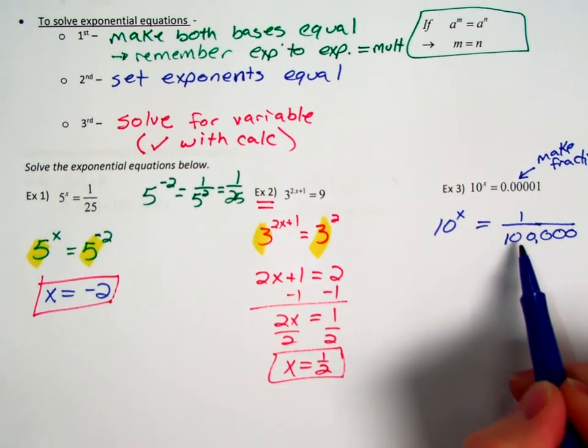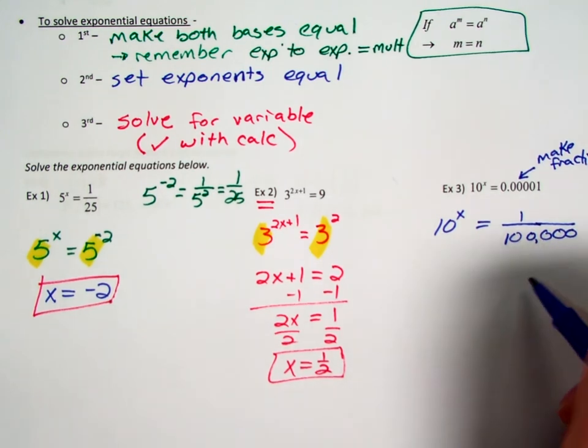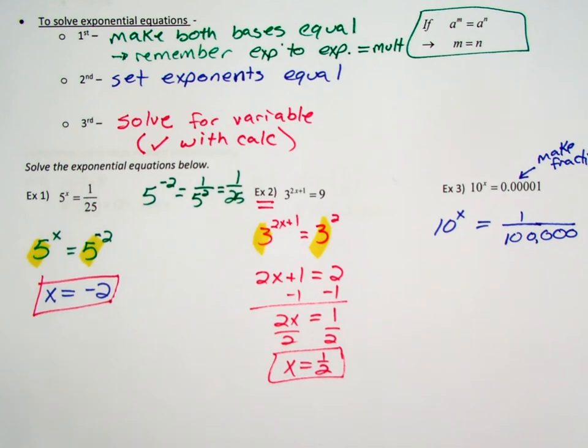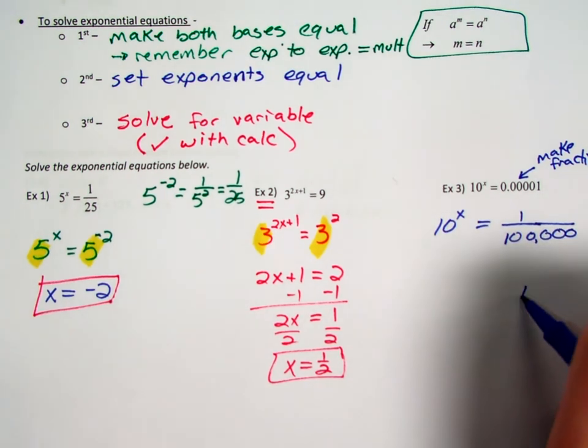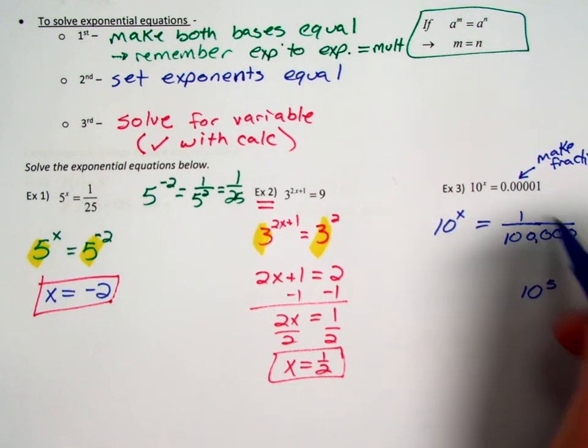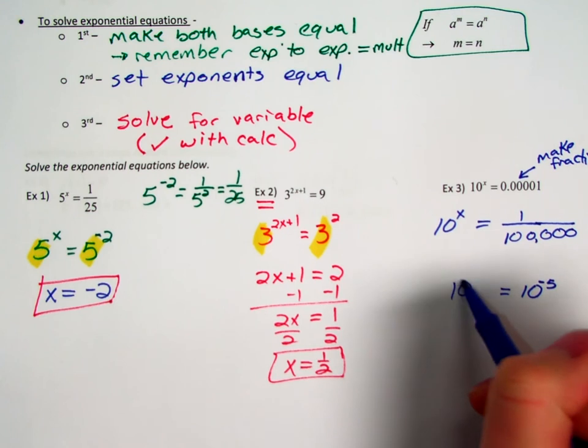And really, I'd have to multiply 10 by itself 1, 2, 3, 4, 5 times. Which would give me 10 to the 5th power, right? Because there are 1, 2, 3, 4, 5, 0s, so 10 to the 5th, but I want it to go into the denominator, so we'd put a negative, equals 10 to the x.